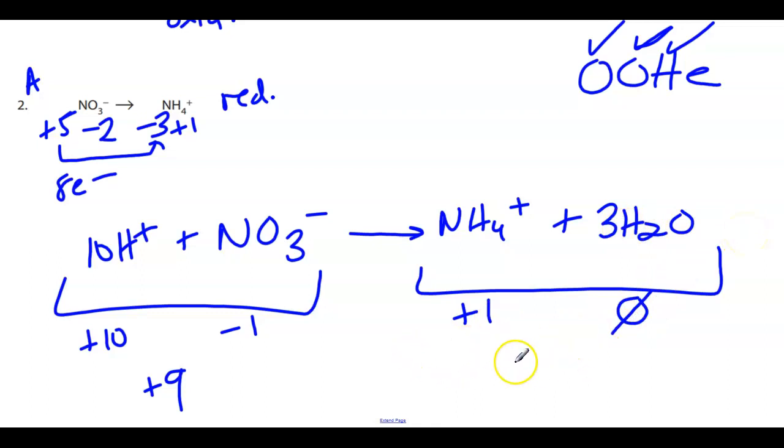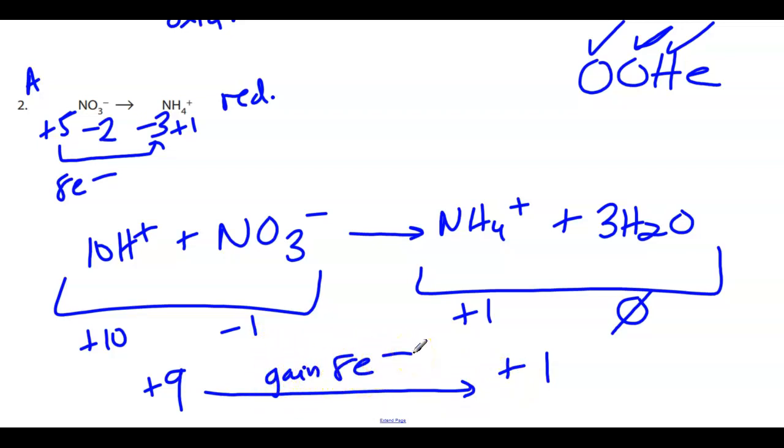So on the product side, it's a total of +1. So now you're going to say, okay, well, to go from +9 to +1, that means you have to gain 8 electrons in order to get that down to 1. So that's how we know we're going to add 8 electrons to the reactant side.